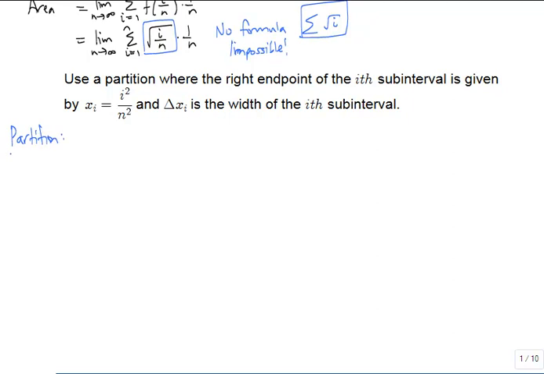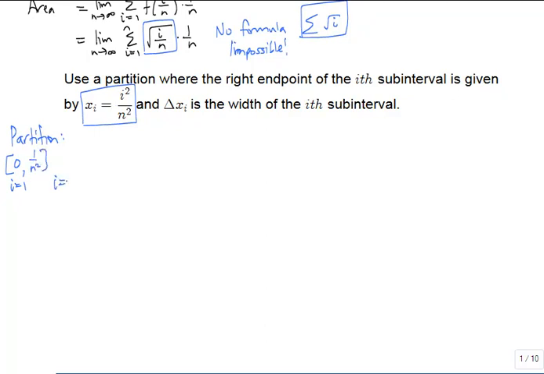So the very first subinterval obviously starts at 0. And now what this is saying is that we want our first endpoint to be determined by this formula when i is 1. So if I let i be 1 into this formula, this just becomes 1 over n squared.